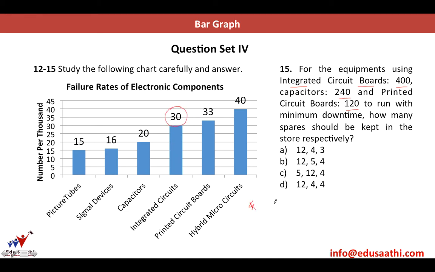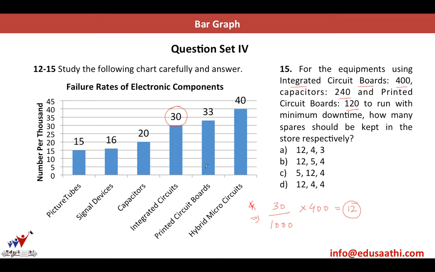So I'll write 30 by 1000, multiplied by 400. This is simply unitary method. They fail 30 times in 1000, so how many times will they fail in 400? So this gives me 12. So I need to have 12 spare integrated circuits so that my processes keep on running smoothly.